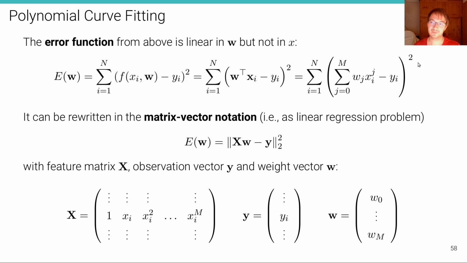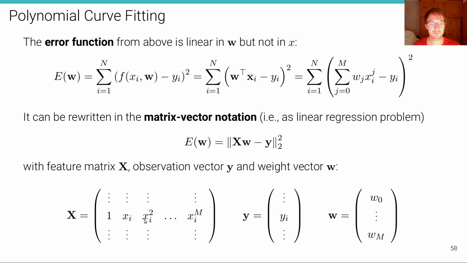Well, if we inspect this equation here, we see that we can choose a matrix X where in each row we stack the monomials. So we have in each column one element of this monomial vector, of this feature vector, 1, x, x squared until x to the power of m, where m is the degree of the polynomial. And each row is a different data point.